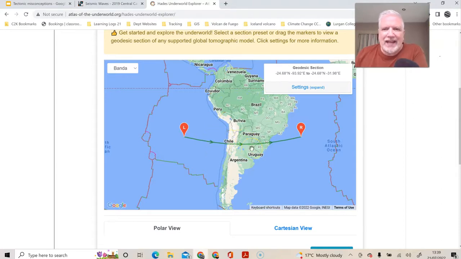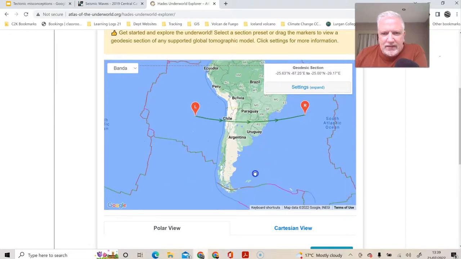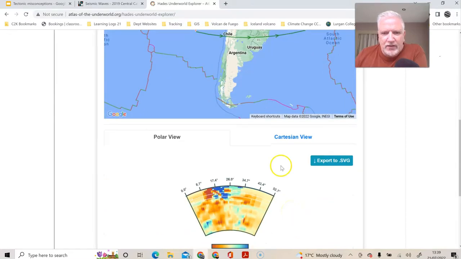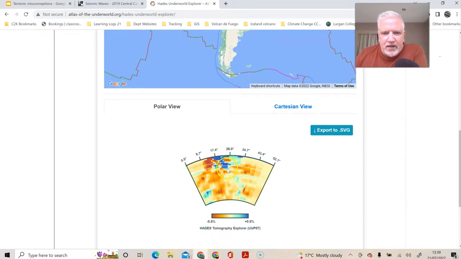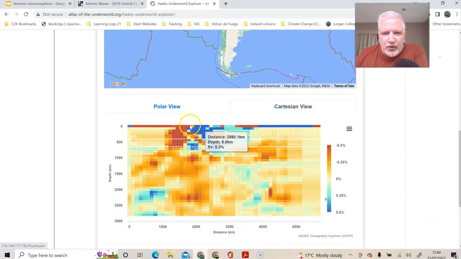Now, I wonder, can you picture again what you would expect that to look like in cross-section? Where's the subducting slab going to be? Let me just move this over a little bit more here, I think. And we can go down and have a look. There is our subducting slab. We can either look in polar view or Cartesian view.